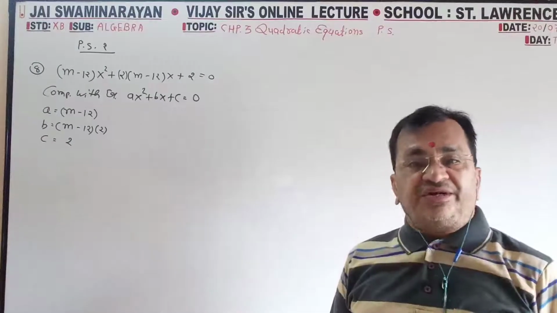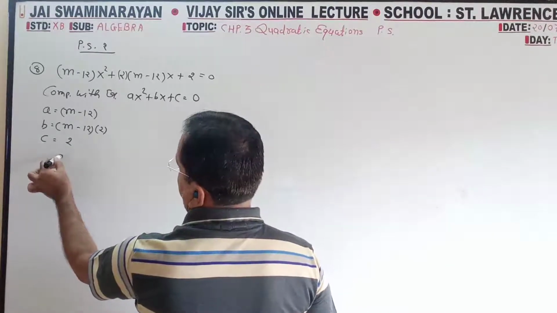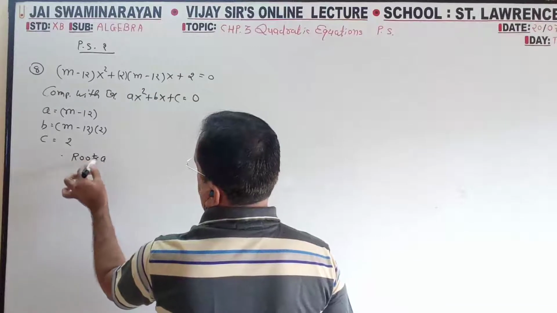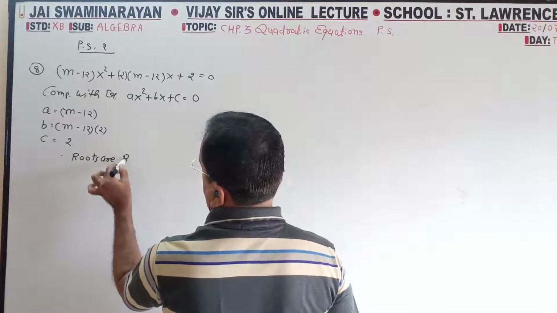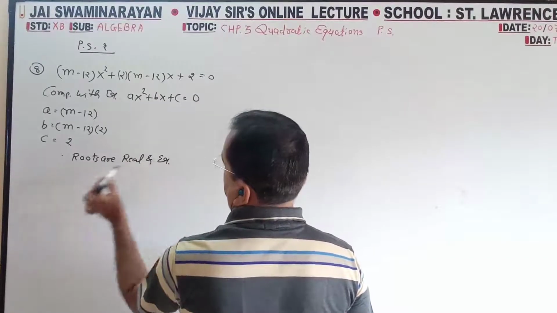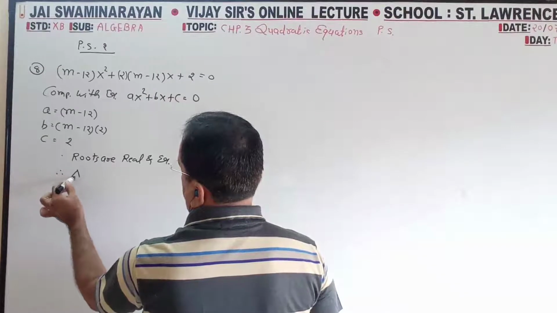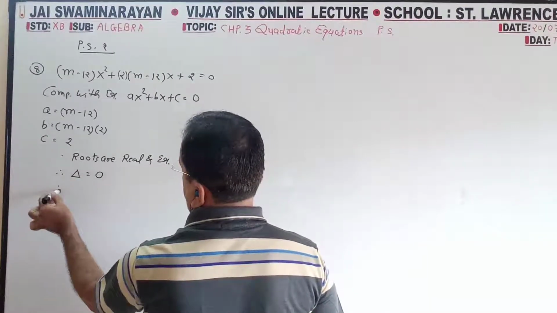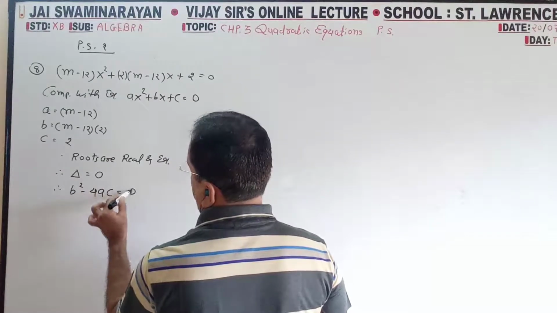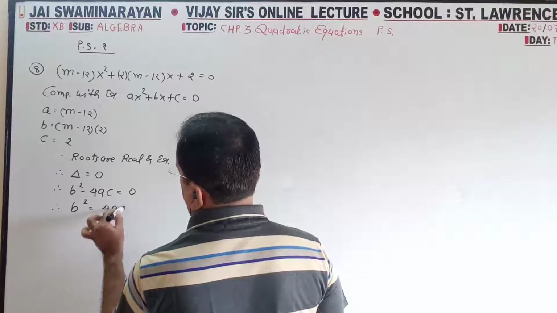When roots are real and equal, from here 5 steps you have to write. Therefore, the discriminant is equal to 0. Therefore, b square minus 4ac is equal to 0. Therefore, b square is equal to 4ac.